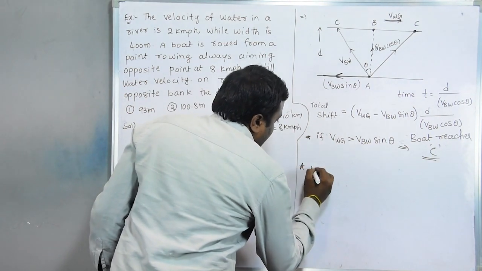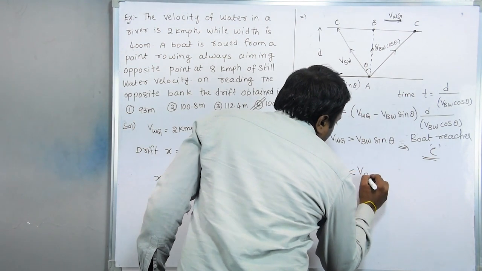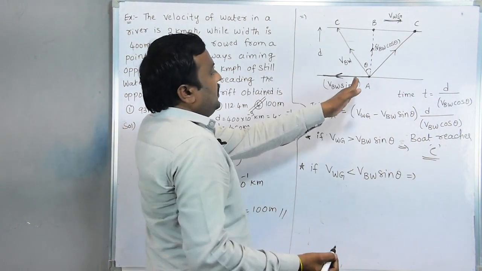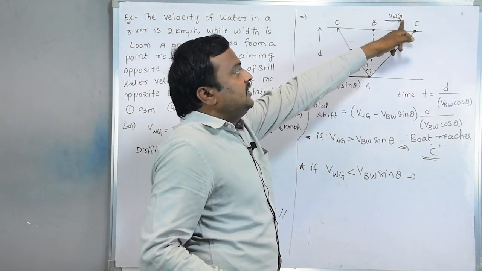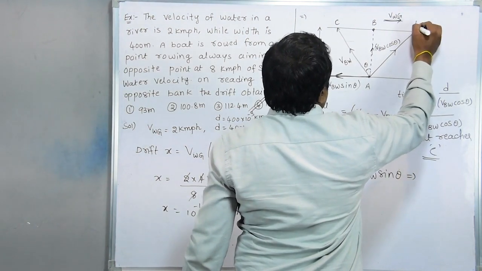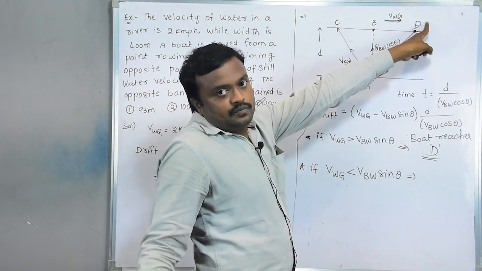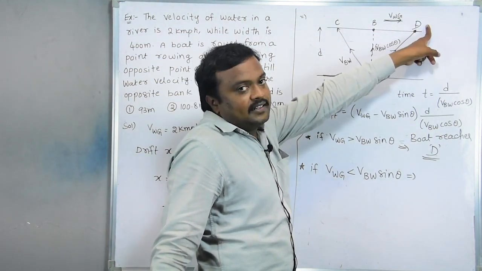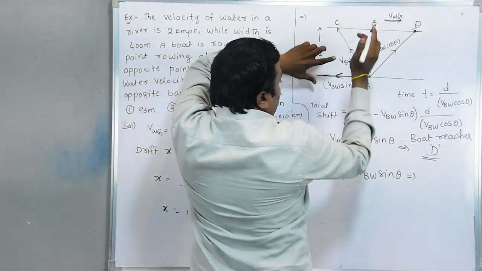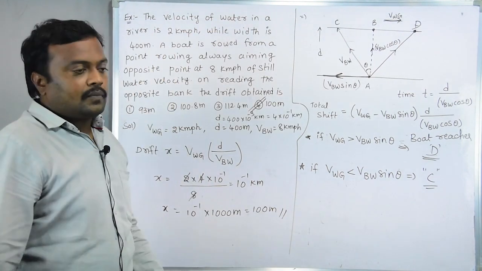Second case, if VWG is less than VBW sin theta, then this value is greater compared with this one. The boat reaches the point you consider as D, not C. If VBW sin theta is greater than this value, then the boat reaches a point D in this diagram.